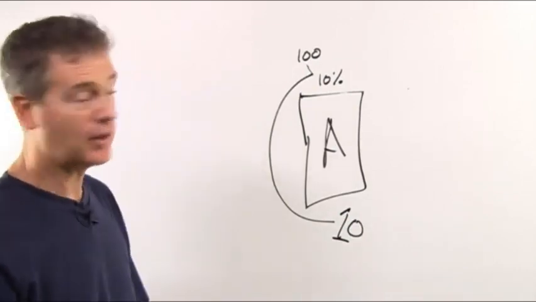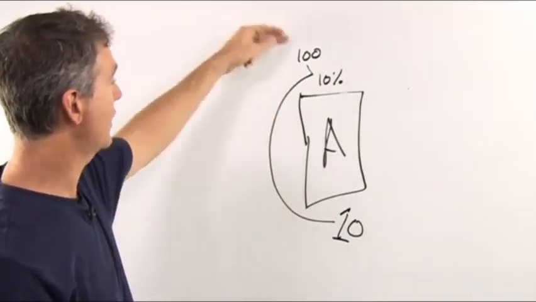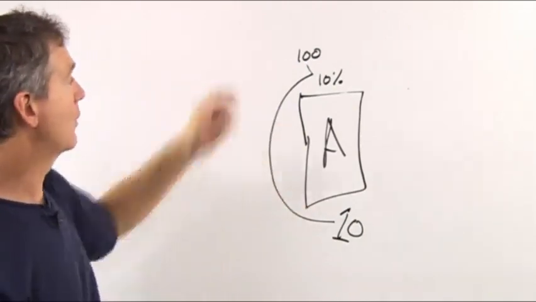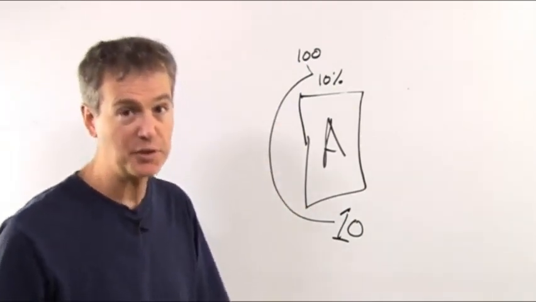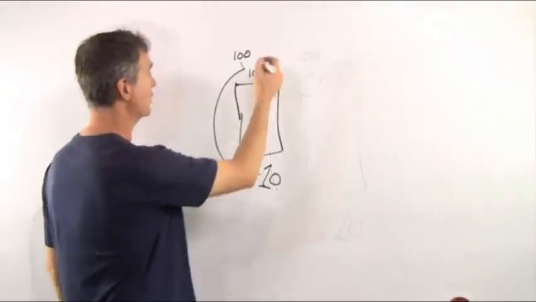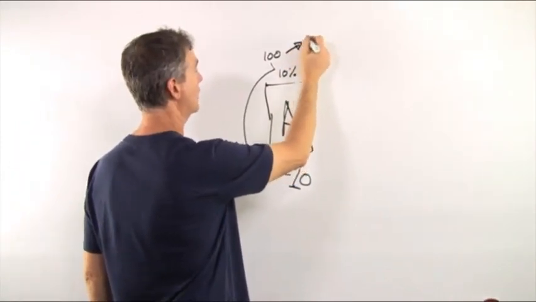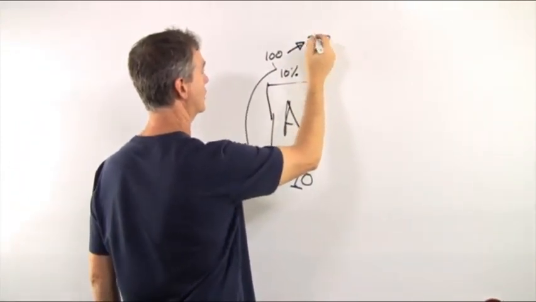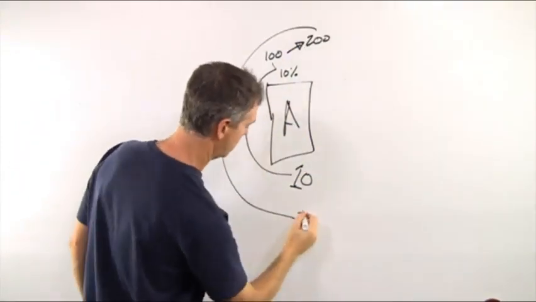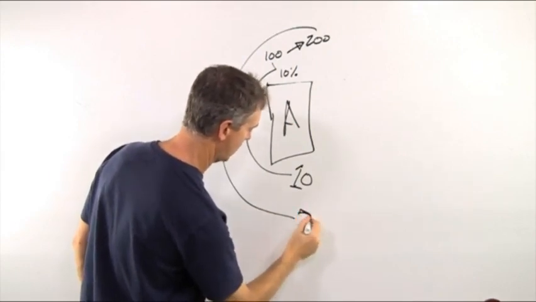And that's great. So you think, okay, I just need to drive more. I've got to somehow figure out how to get this number up to 200, to go from 100 to 200 visitors. And if you can do that, that means you're going to get 20 people a day.